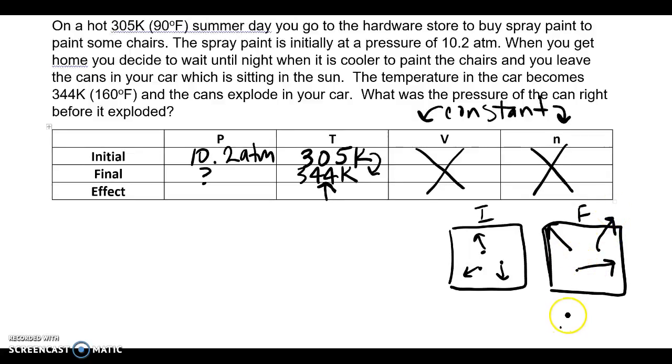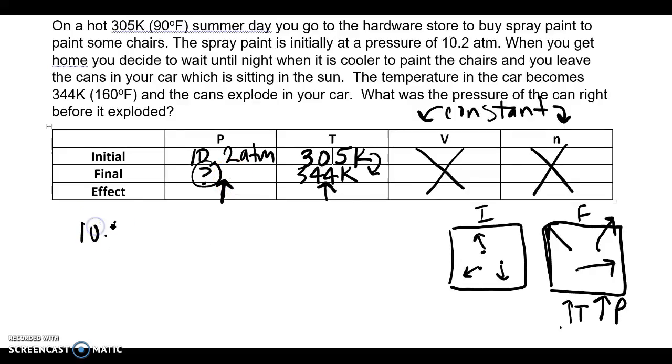So the arrows are longer. As the temperature increases, what's going to happen to the pressure? Well, the pressure is also going to increase because the particles are hitting the sides more often and they're hitting harder. So we want the pressure to increase.